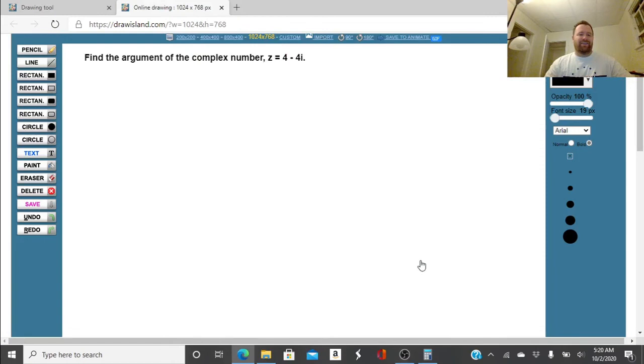Hi, Mr. Unkert here. In this example, we're going to find the argument of the complex number z equals 4 minus 4i. So it first helps to figure out where that number is. So I'm going to draw a real axis here and my imaginary axis here.